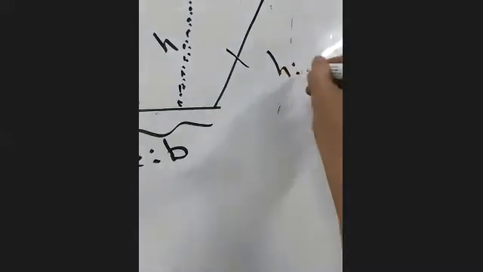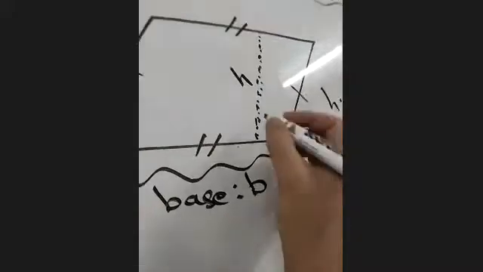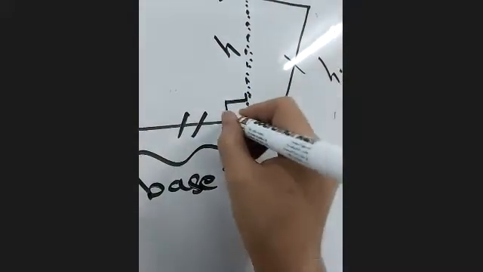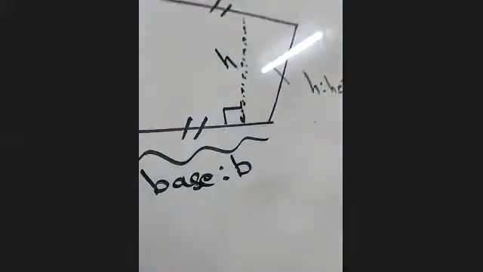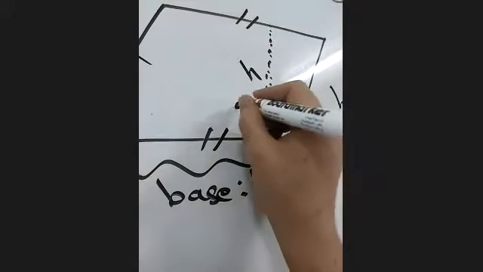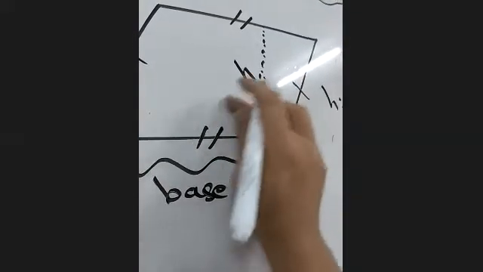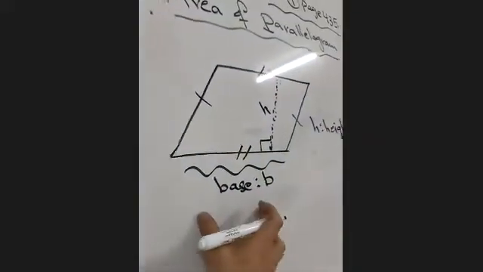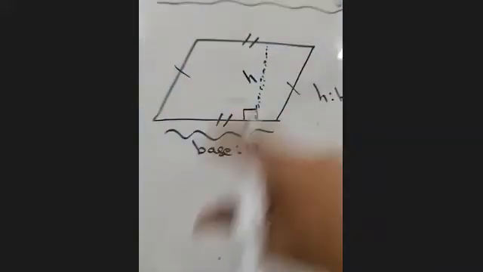H is the height of the parallelogram. So we have base and height. Now the height, how do we know the height, guys? The height always should have a right angle at the end, and right angle means it's 90 degrees. We know that.